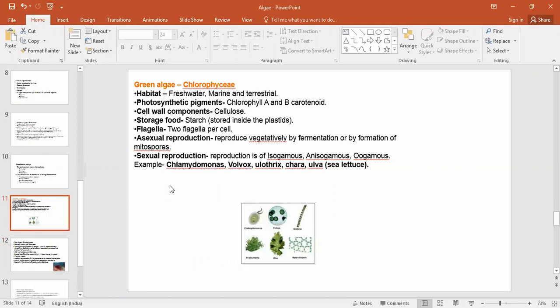The first group is the green algae, also called Chlorophyceae. What are the characters of these green algae?